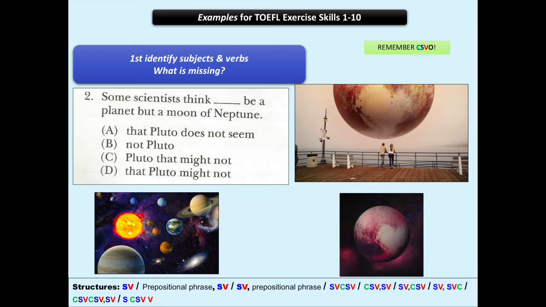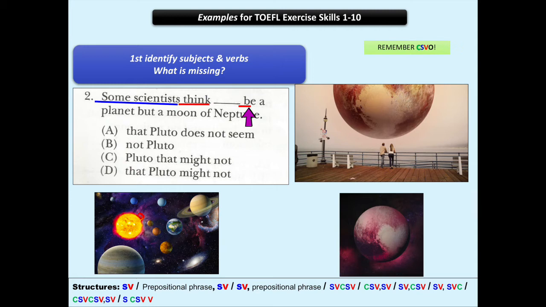Number 2. It starts with a subject, some scientists, and then a verb, think, and then look. Here we have be, which is an infinitive without to. That's kind of unusual. When do we have an infinitive without to?